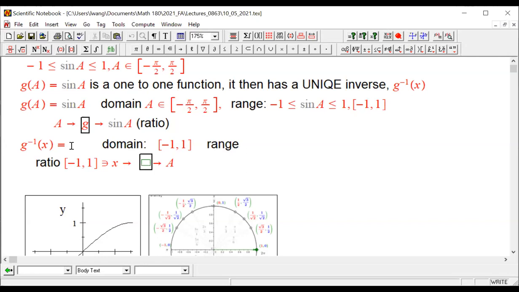So now it's about time we give the name to this inverse function. There are two names given to it. One is called Arcsine, and the alternative name is sine inverse.